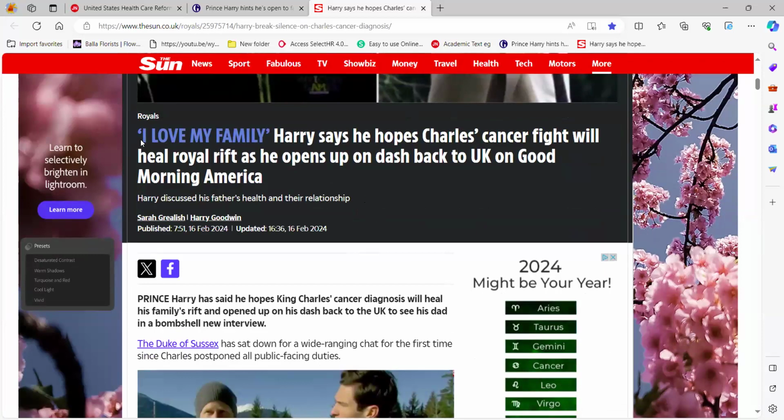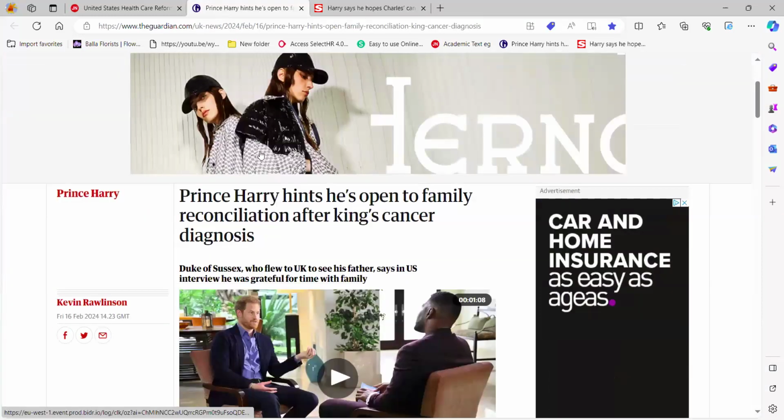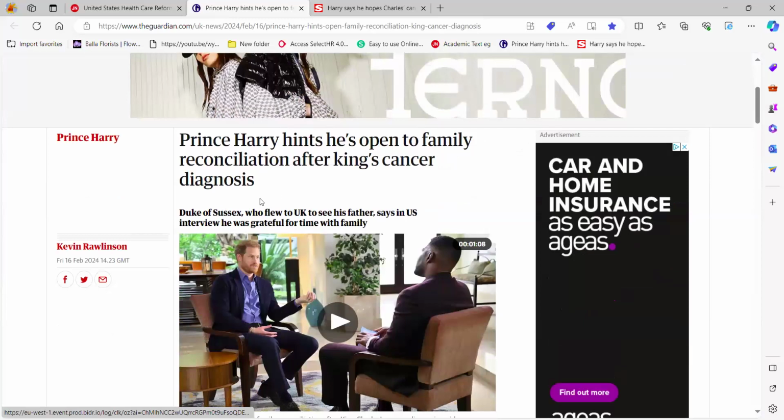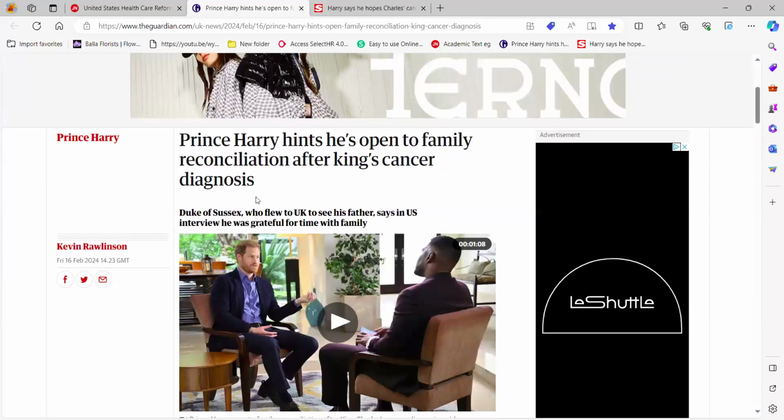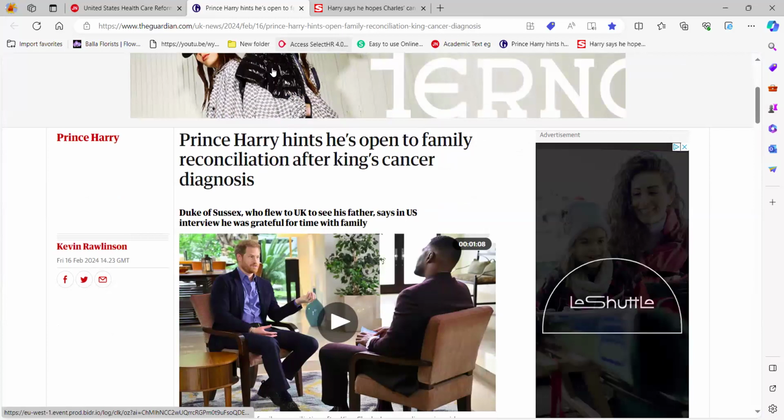So straight away, we've got the quote. So it's more emotive. So if we look at the Guardian one again, Prince Harry hints he's open to family reconciliation. So it's more formal.